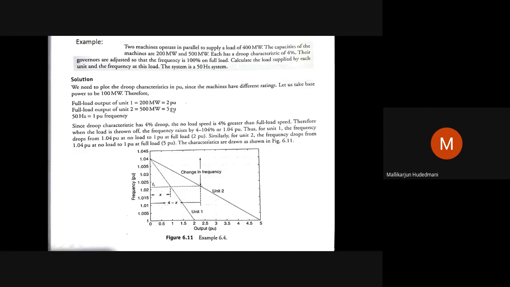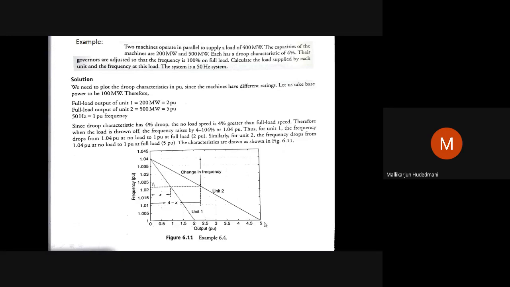Now, this 4% droop means if I have 1 on the y-axis, then 1.01, 1.02, 1.03, 1.04, like that, for the fractions I can scale along the y-axis. And along the x-axis, it is 0.5, 1, 1.5, 2, 2.5, 3, 3.5, 4, 4.5, 5, 0.5 PU each.